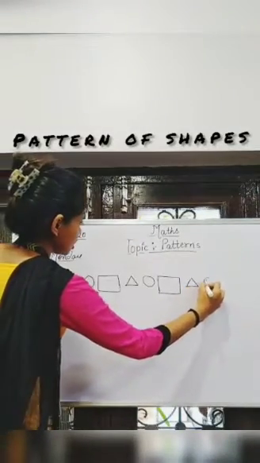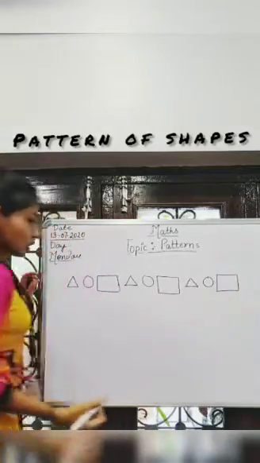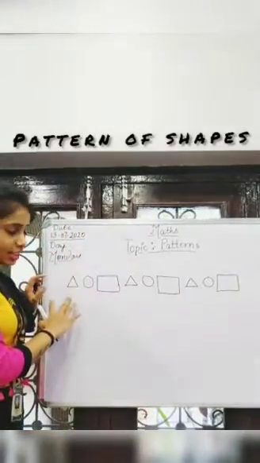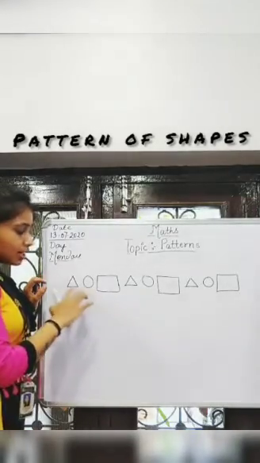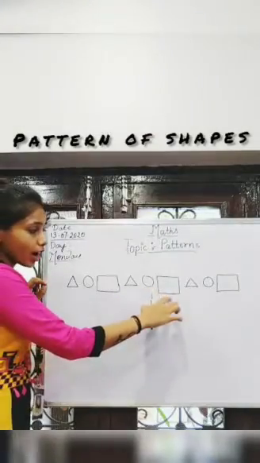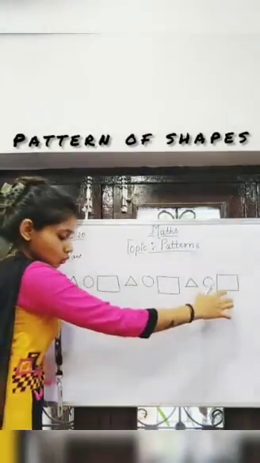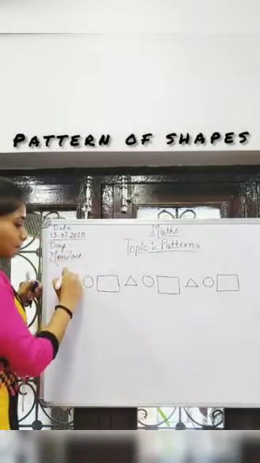Triangle, circle, square. So kids, as you can see on the screen, here we are following the same rule: triangle, circle, square, triangle, circle, square, triangle, circle, square. So what is this? This is a pattern.